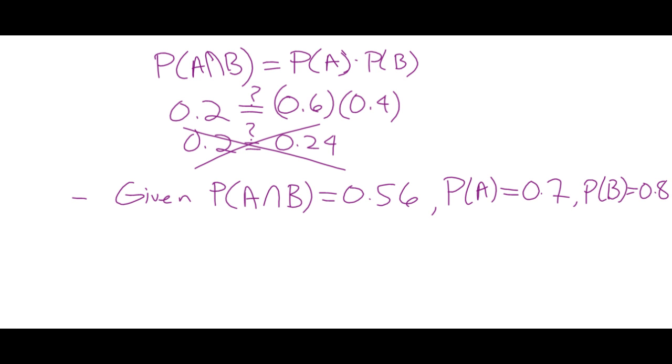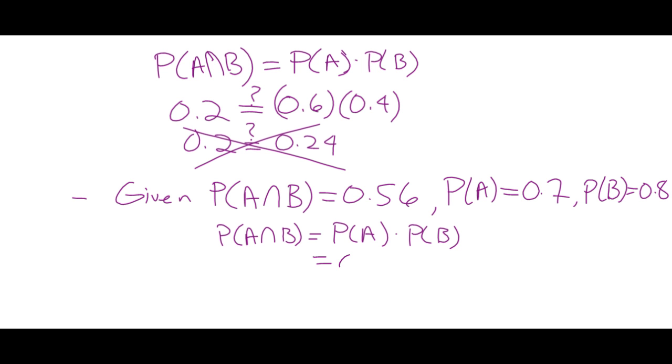Are these independent? So yes or no, why? And they're independent because what? Because 0.7 times 0.8 is 0.56.